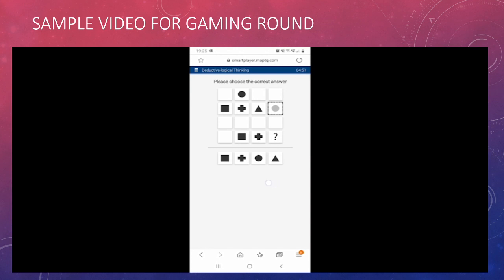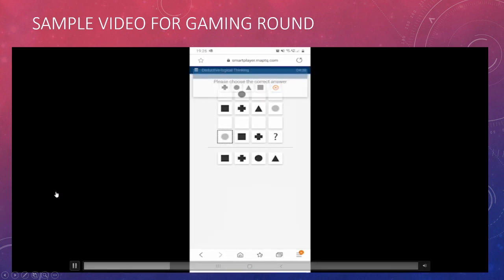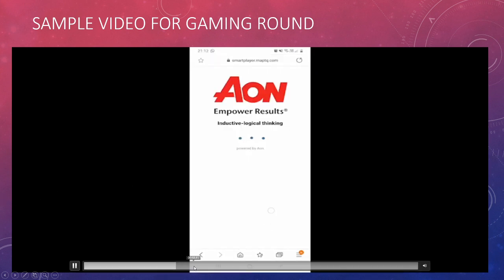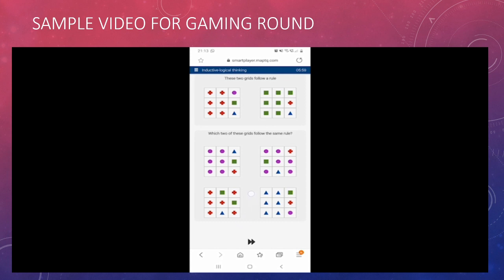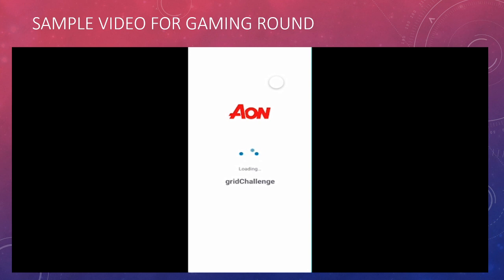So these are the sample questions under the deductive logic thinking. These are the sample questions under the inductive logic thinking. Now let's check on the grid challenge.